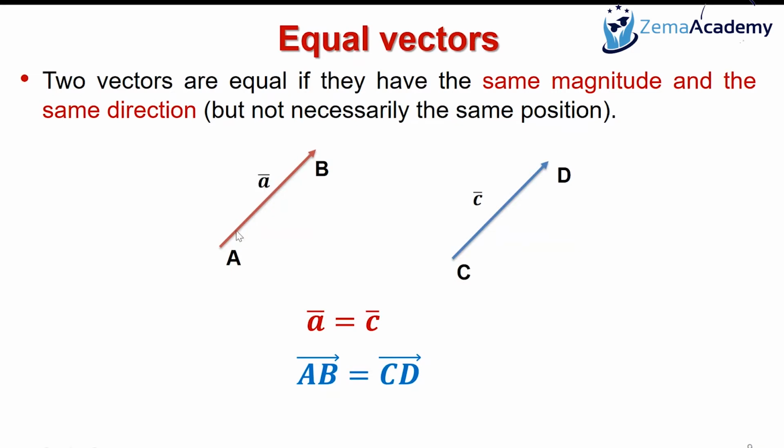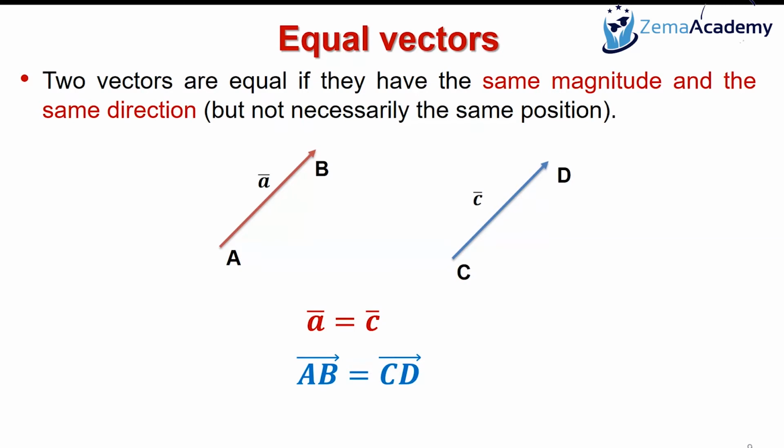This AB vector has the same magnitude and same direction as another vector CD. In this case, they don't necessarily have to be at the same point of the grid, but their magnitude and directions are the same.